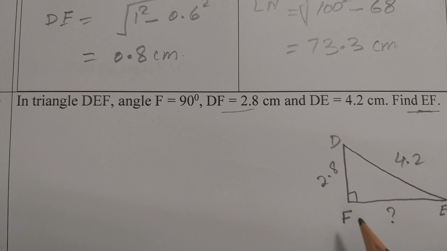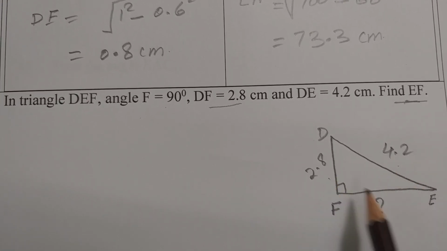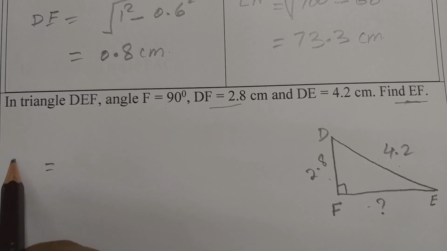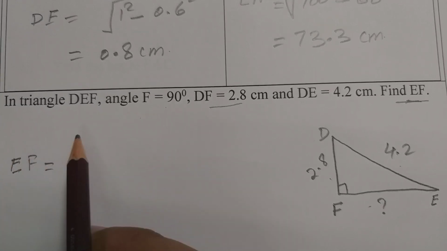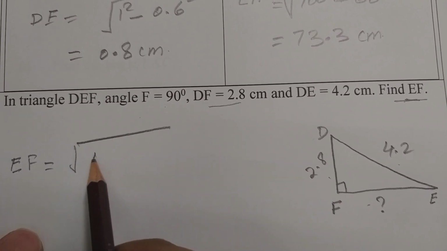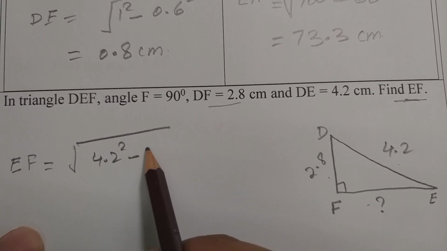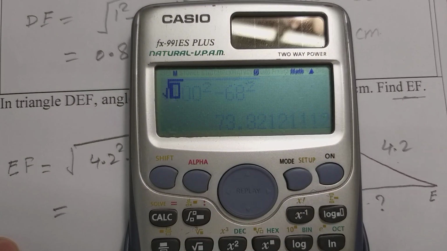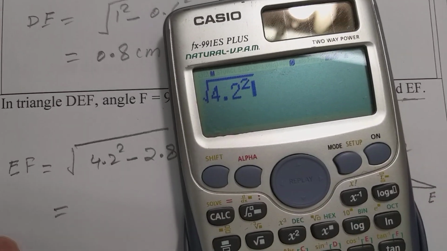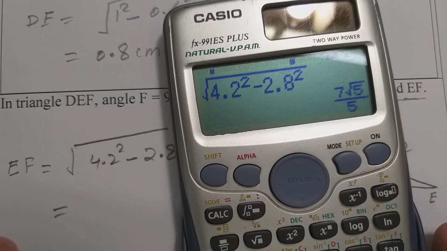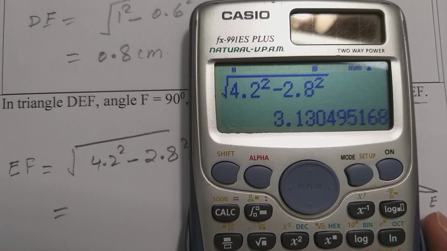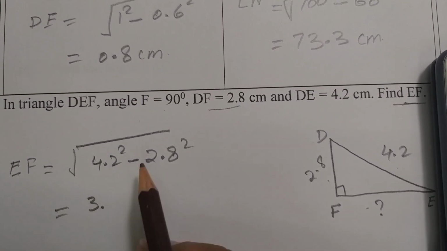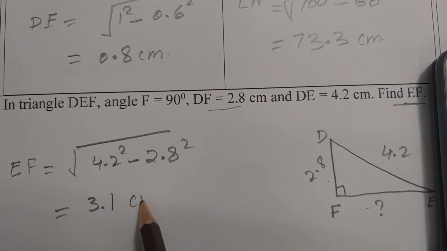What type of information is given? We are given the longer side and one short side, so we need to find the missing short side. So what should we do here? EF equal the square root of the longer side 4.2 square minus one of the given short side square, which is equal square root of 4.2 square minus 2.8 square, which is equal 3.13 centimeter, or you can say just 3.1 centimeter.